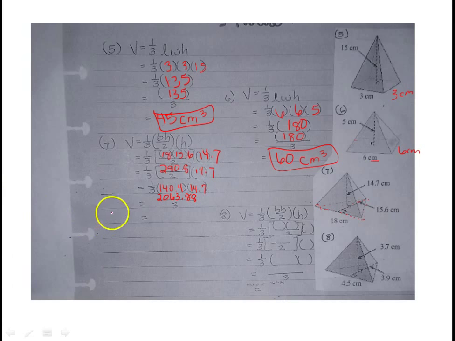So it's 687.96, or 687 and 96 hundredths. And the units, centimeters cubed.